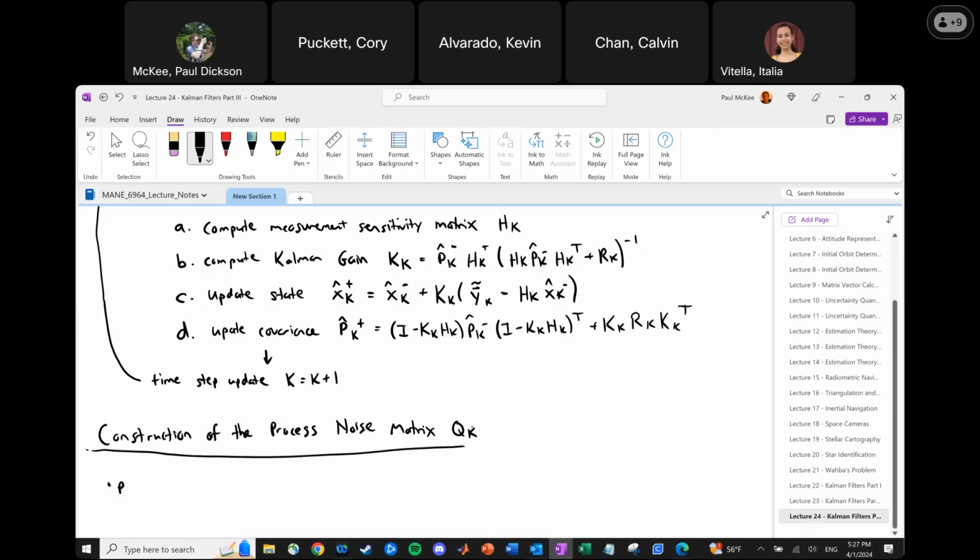First, process noise, which is the noise that is part of our state model, not part of our measurement model, right? That's our measurement noise. Process noise is one of the most misunderstood and misused parts of a Kalman filter.